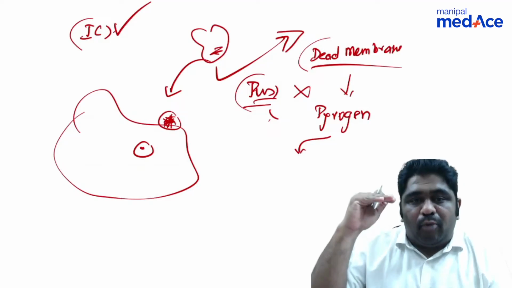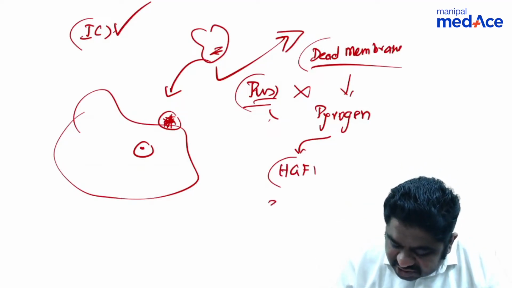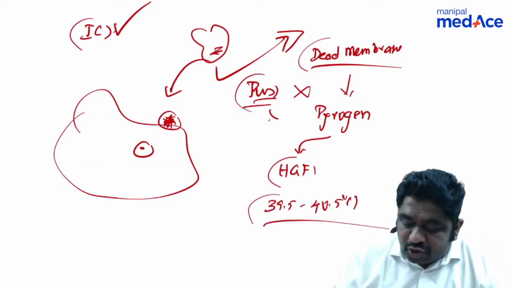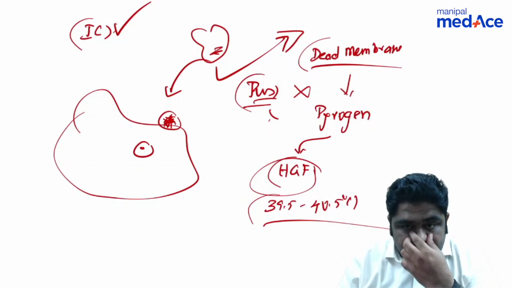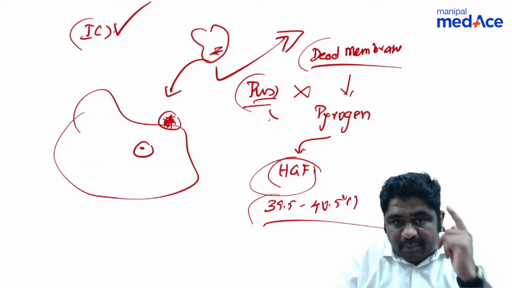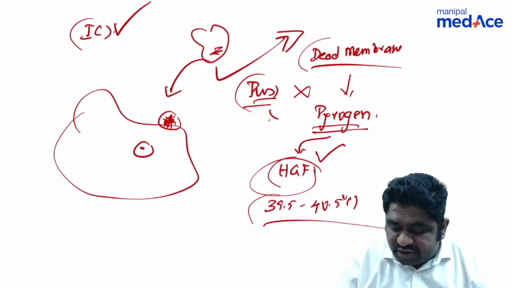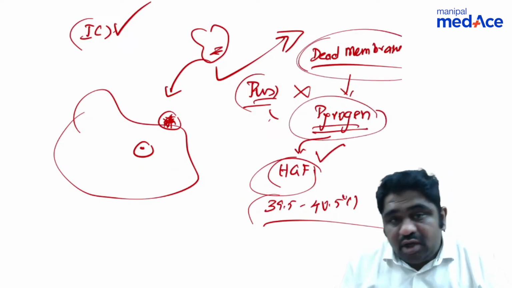They'll increase the core body temperature. That is why you have high grade fever easily touching 39.5 to 40.5 degrees Celsius. So high grade fever comes because of the activation of your hypothalamic thermostat mechanism through the pyrogens, and pyrogens come because of dead membrane. Dead membrane is because of the death of the neutrophil.